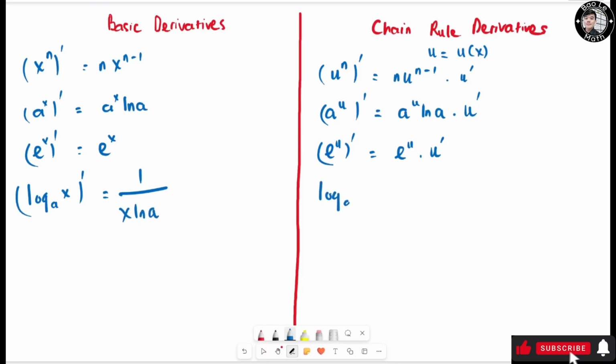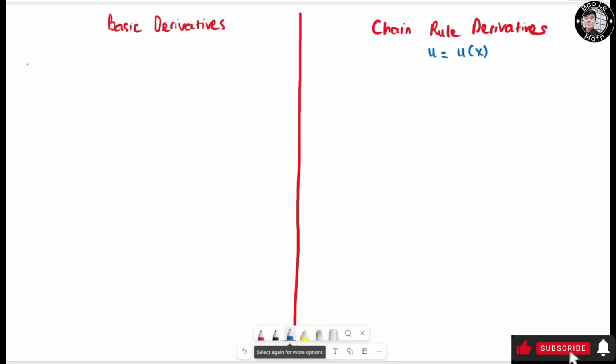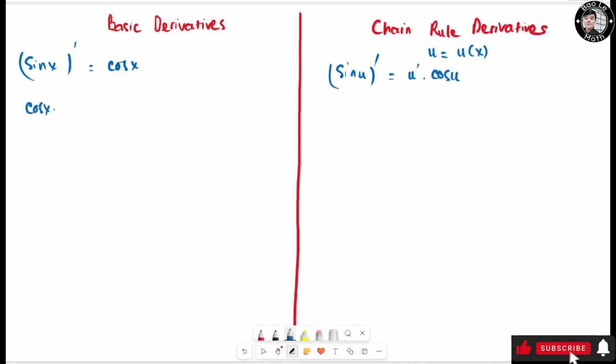Now (log base a of u)' is going to be u' over u ln a. (ln x)' is going to be 1 over x. (ln u)' is going to be u' over u. (sin x)' is going to be cos x. (sin u)' is going to be u' times cos u. (cos x)' is going to be negative sin x. (cos u)' is going to be negative u' times sin u.